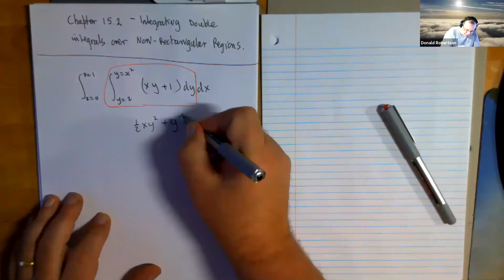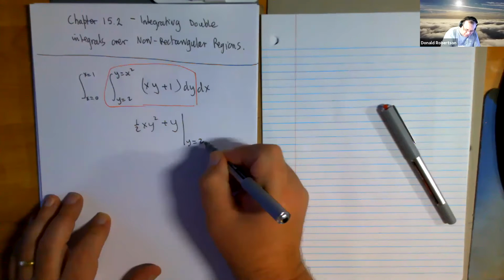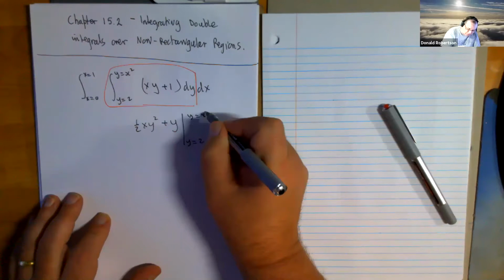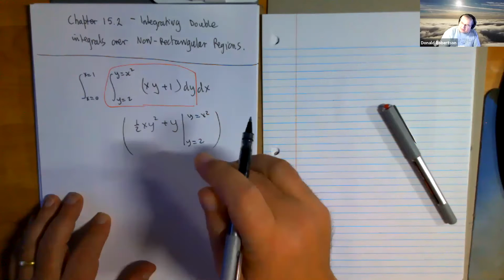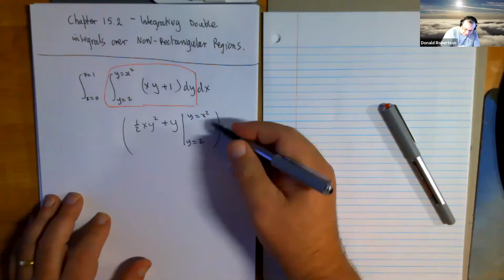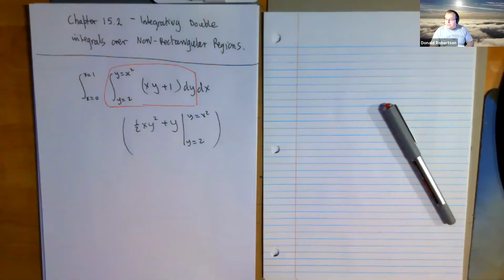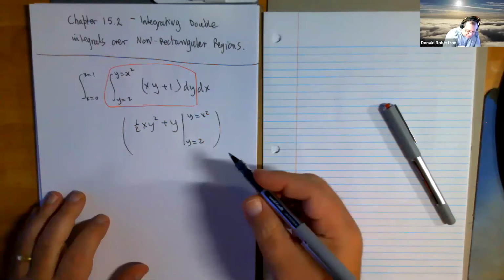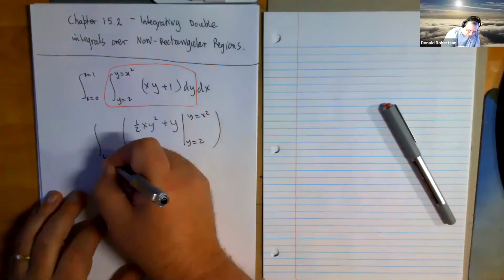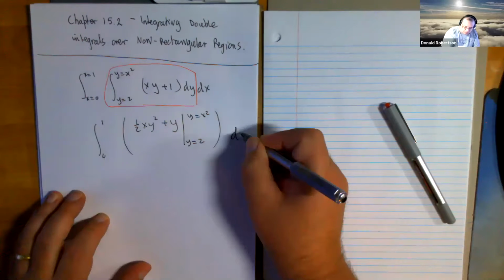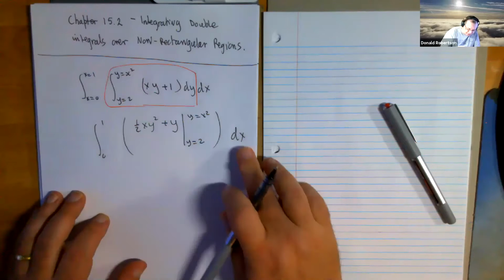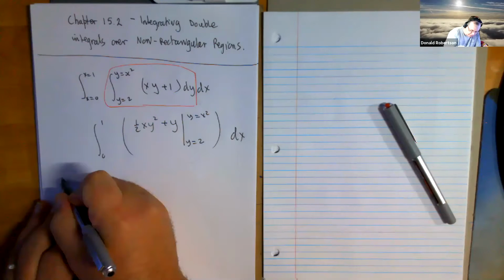We then evaluate the y, not from one number to the other, which was yesterday, but from one value of y to the other, where at least one, if not both of them, are in terms of x's. And then once we've figured that out, we can integrate the answer with respect to x. So let's see what we get.